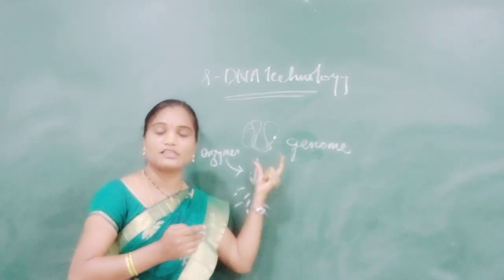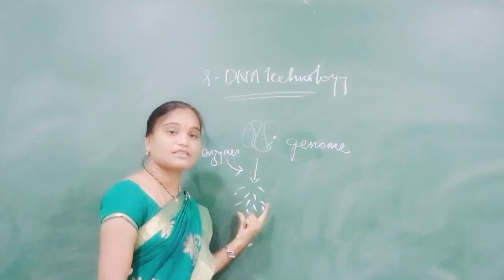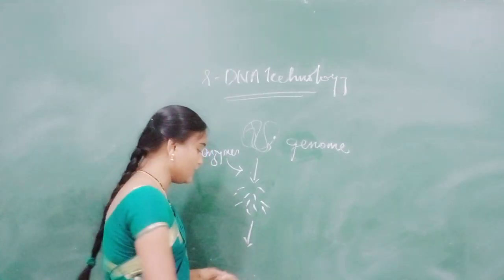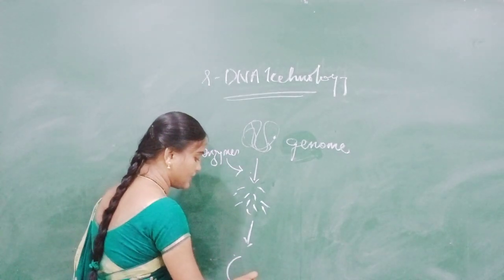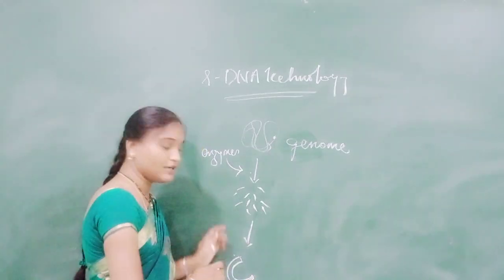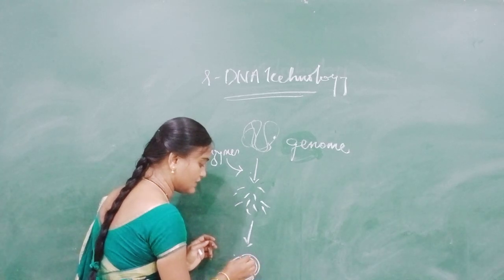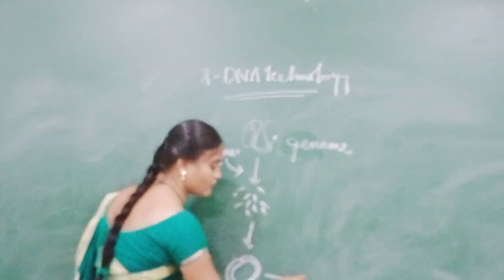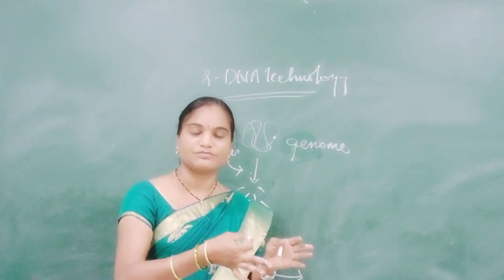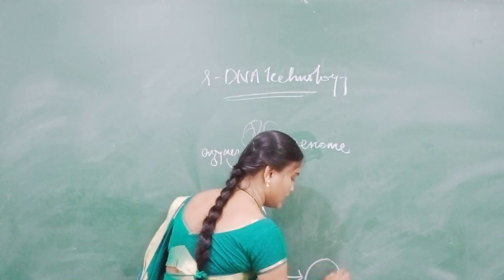First, this genome is subjected to an enzymatic procedure. Next, several fragments of DNA molecules are produced, and these fragments are inserted into a vector. After adding the gene of interest to this vector, the vector is introduced into an organism, suppose a bacteria, E. coli.